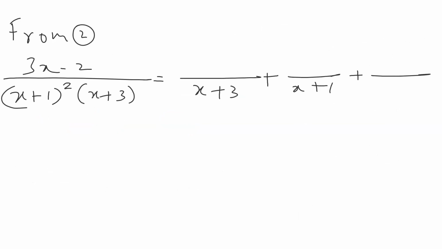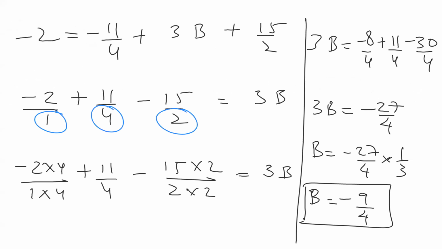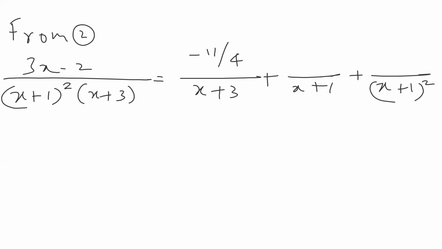Now repeated factor repeated once, repeated twice. Put the values of A, B, and C. So A is minus 11 by 4. B is minus 9 by 4. And C is 5 by 2. Okay.